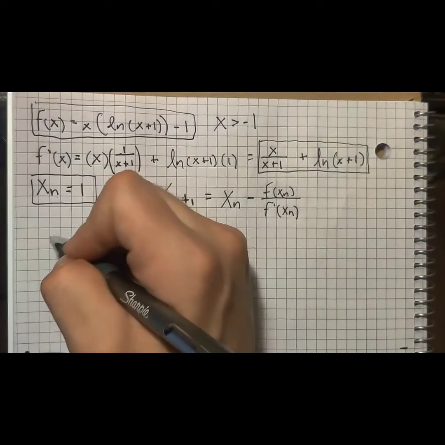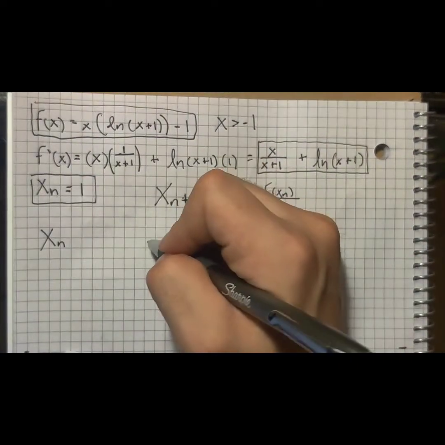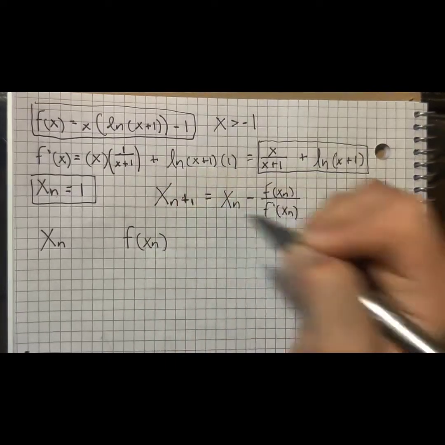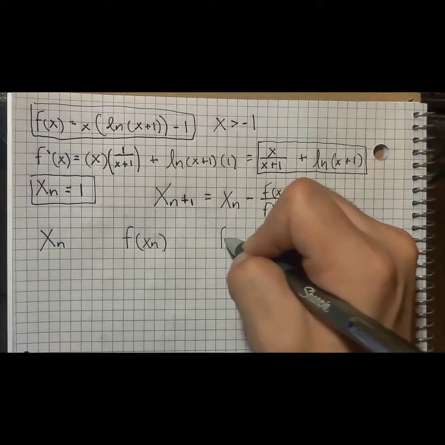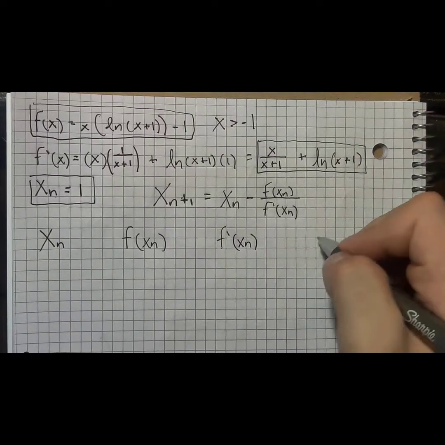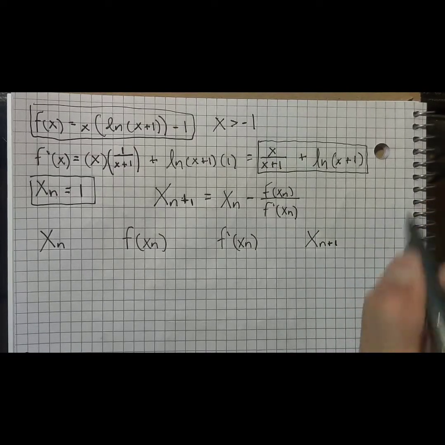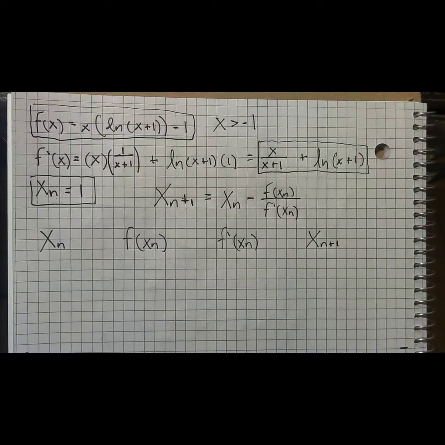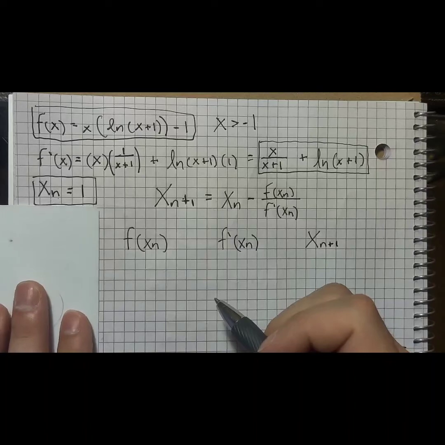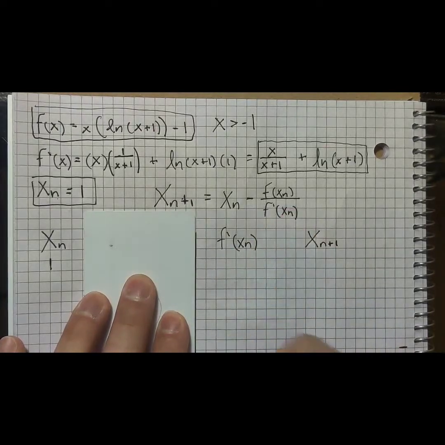Let's let this first column equal our initial guess. This column can be our f of x sub n. This can be our derivative at x sub n. And this will be the closer approximation that the formula gives us. This is the number we're looking for. So our initial guess is 1. Let me just draw some columns here so we're not letting our numbers all bleed together.